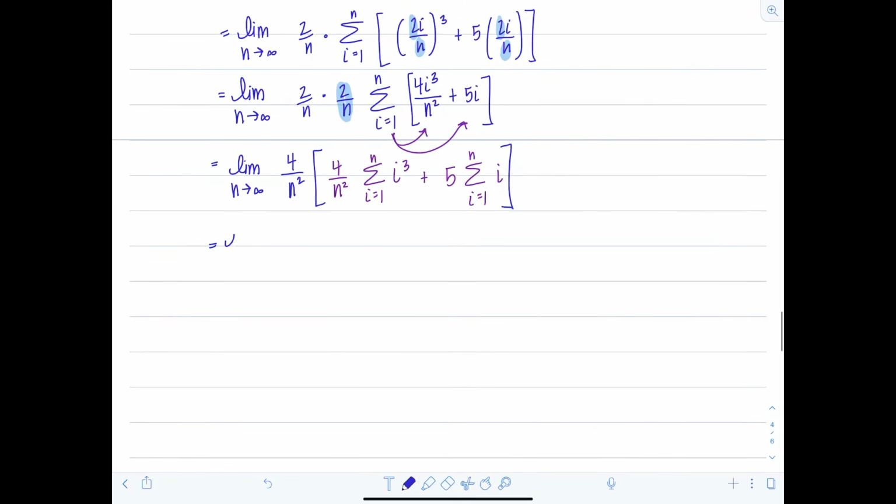Now we have the limit as n approaches infinity of 4 over n squared times, so we still have 4 over n squared.